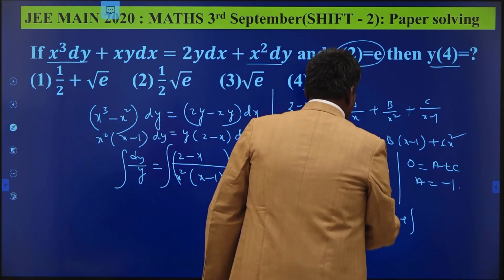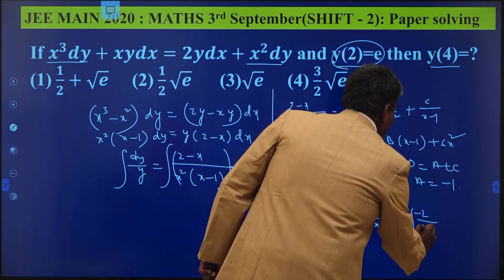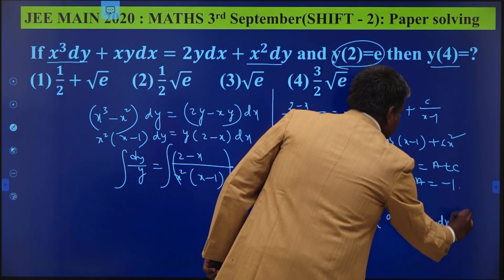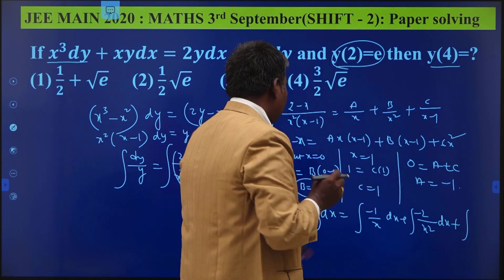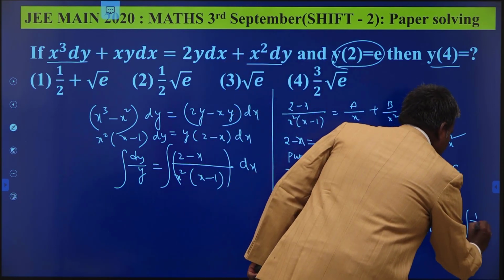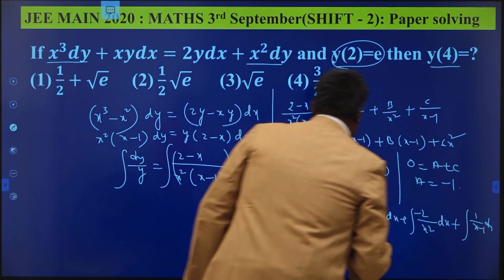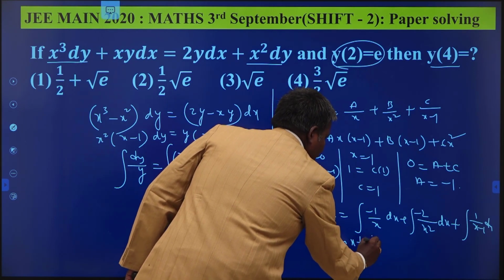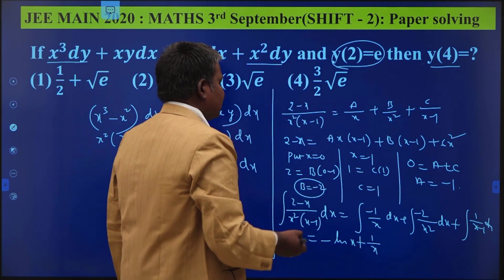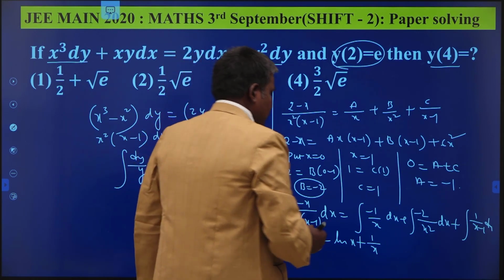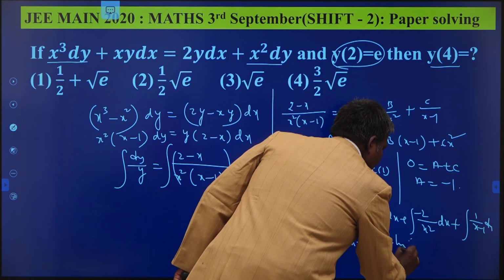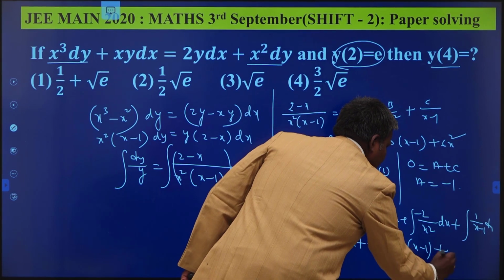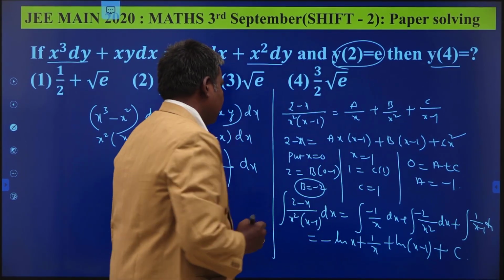Sorry, minus 2. Minus 2 by x square dx plus integral, what is your c value? 1. 1 by (x minus 1) dx. This is nothing but minus log x plus 2 by x, because the integration of 1 by x square is minus 1 by x, plus log of (x minus 1) plus some arbitrary constant.